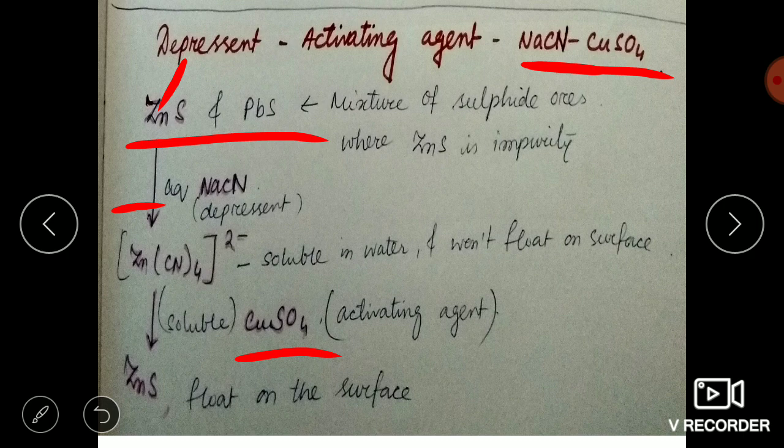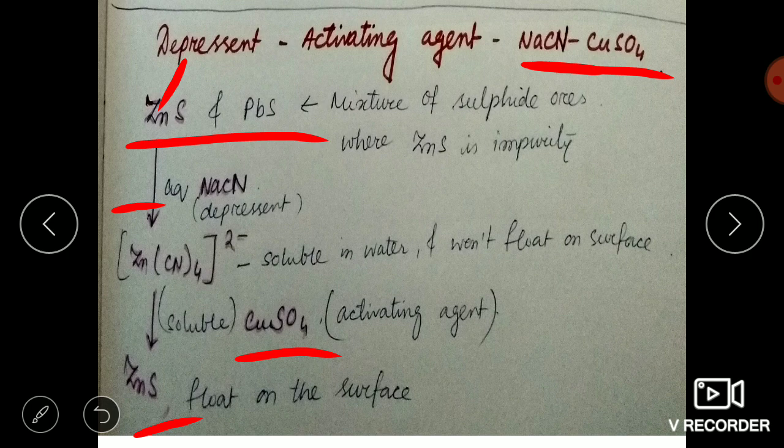As soon as you add this copper sulfate, it will form zinc sulfide again. Then you do the froth flotation process again. This time your zinc sulfide will come. So if you have taken a mixture, one sulfide ore you will collect first and then the remaining sulfide ore of the metal you will collect.